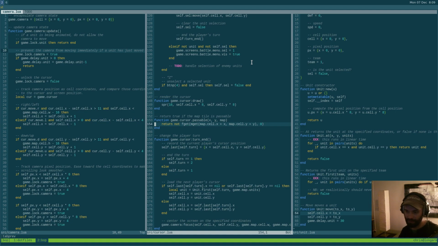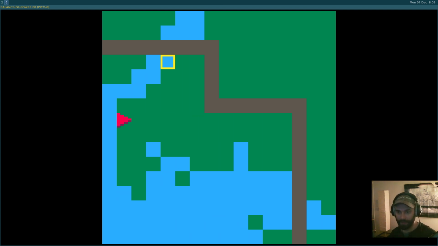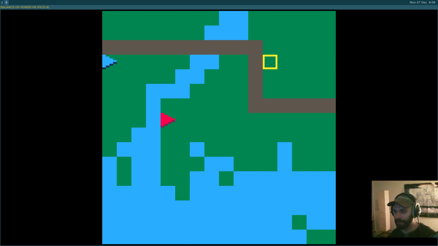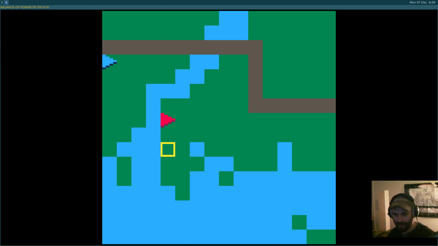But what it does not check is if there's a unit at those coordinates, so we can get in a position where an illegal move is made like this. So let's box in our AI.